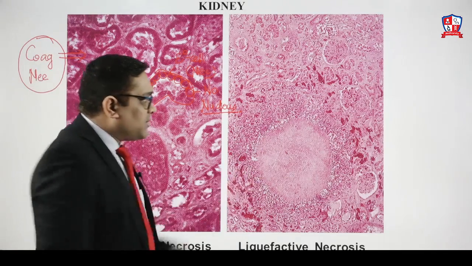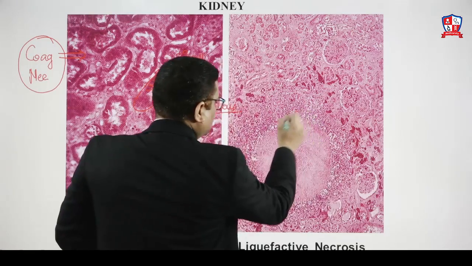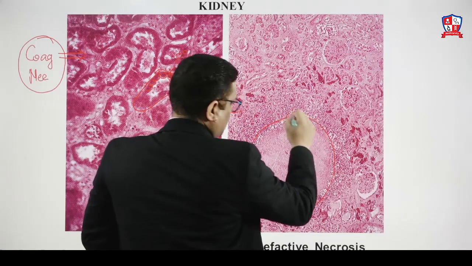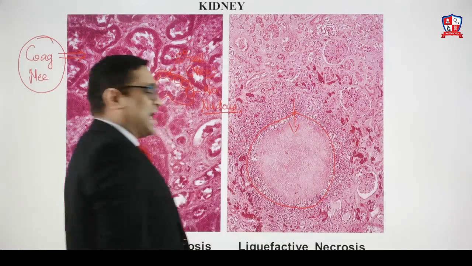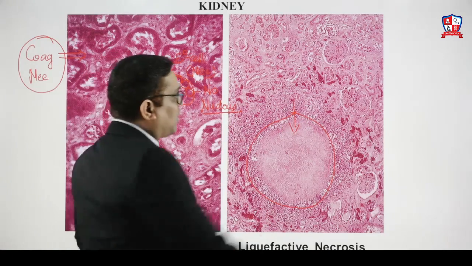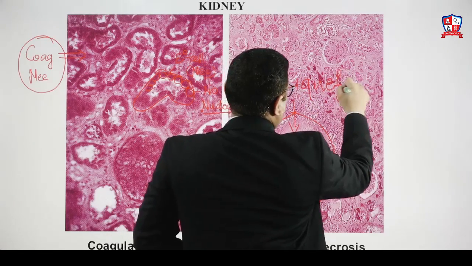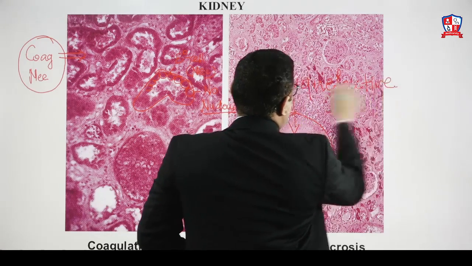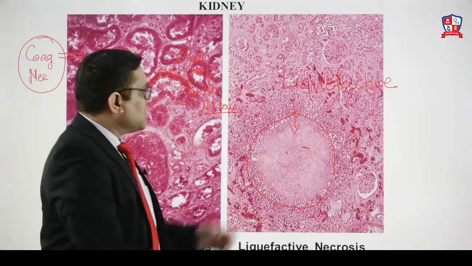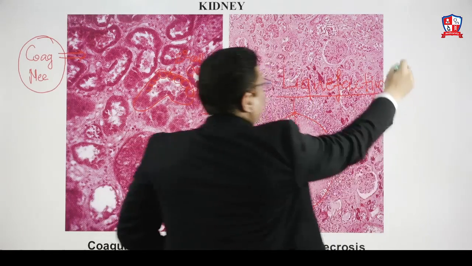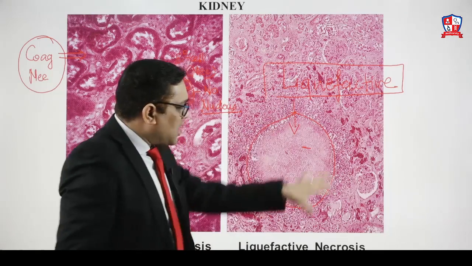On the other hand, when you observe this area of the picture, which I am showing with the arrow, this is an example of liquefactive necrosis. In this liquefactive necrosis, you cannot observe any outline of the cell.